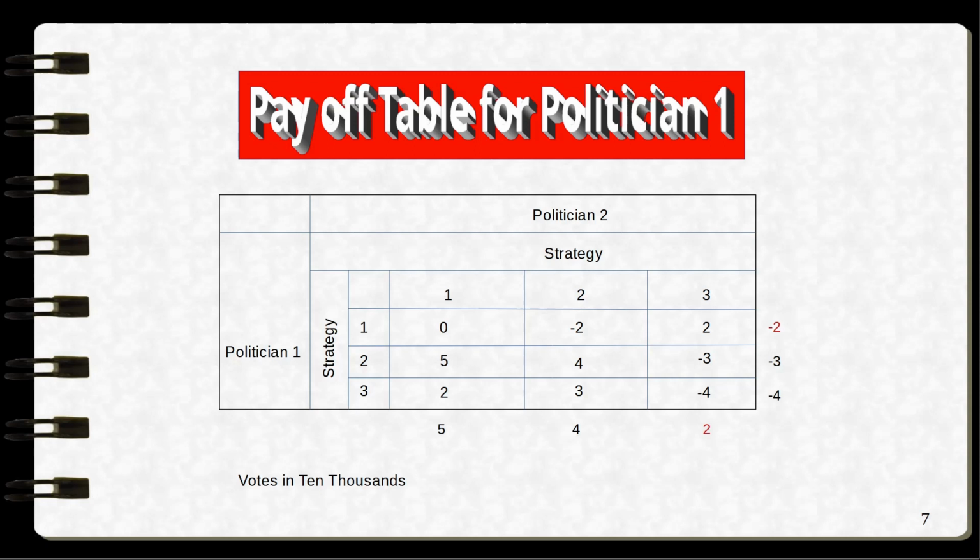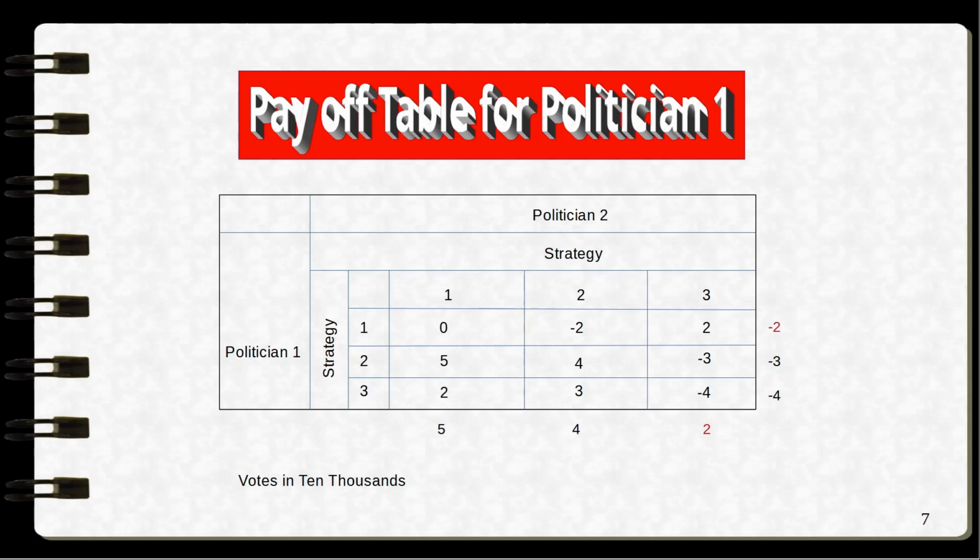That is, if politician number 1 had used strategy number 1, and politician number 2 had also used strategy number 3 for certainty, then it would have been a win-win situation for both. But as we can see here, it is not a win-win situation.